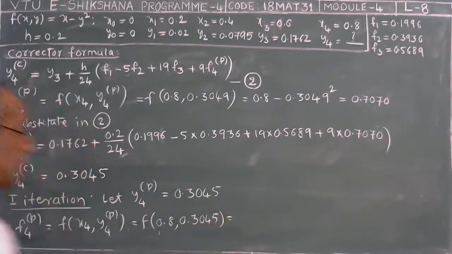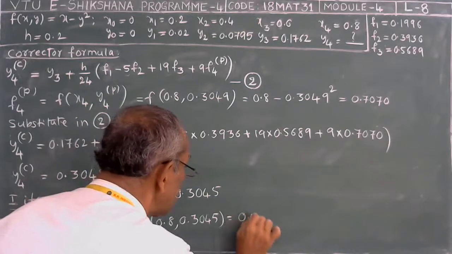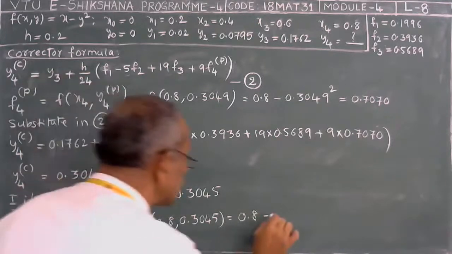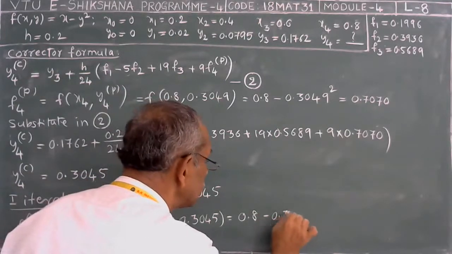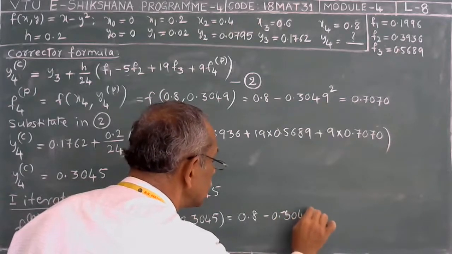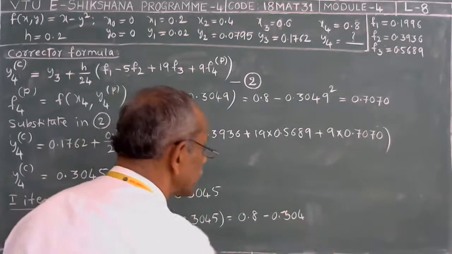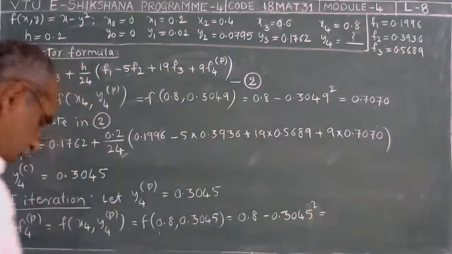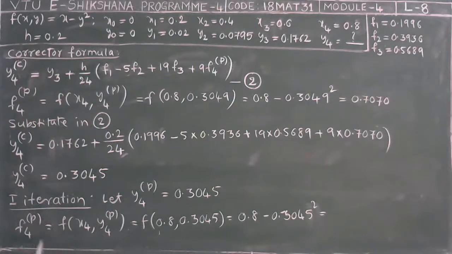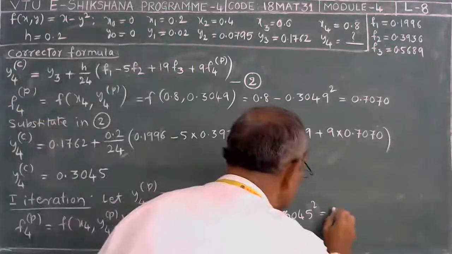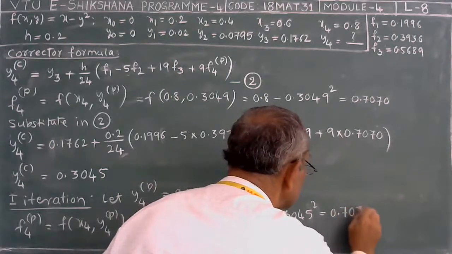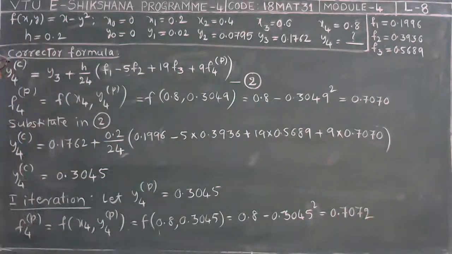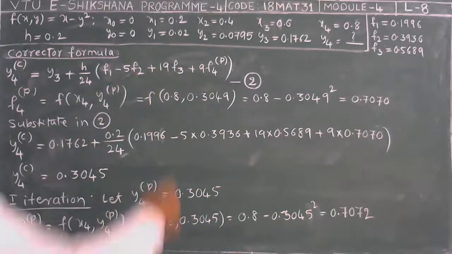So by definition, this is 0.8 minus 0.3045 square. And if you compute this carefully, you get 0.707. So use this value here in this equation.